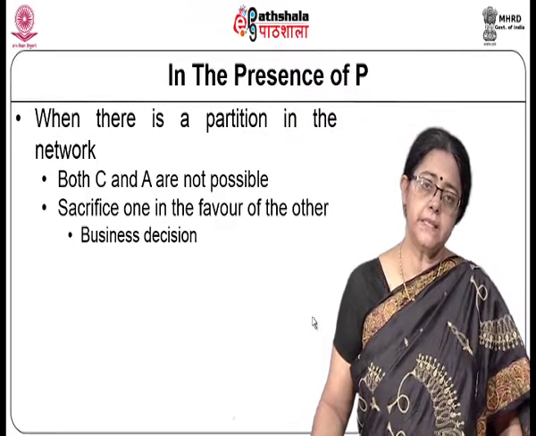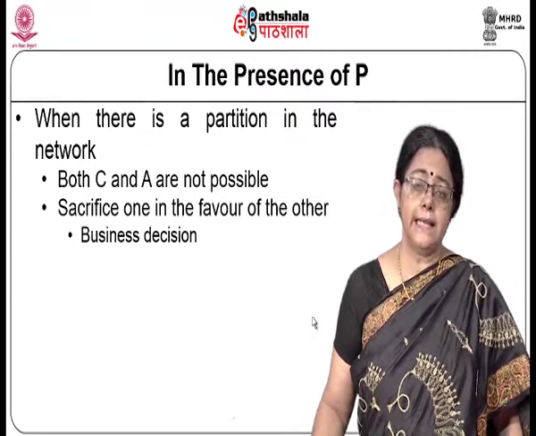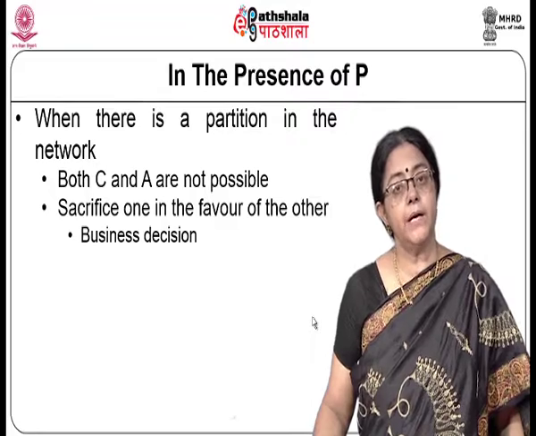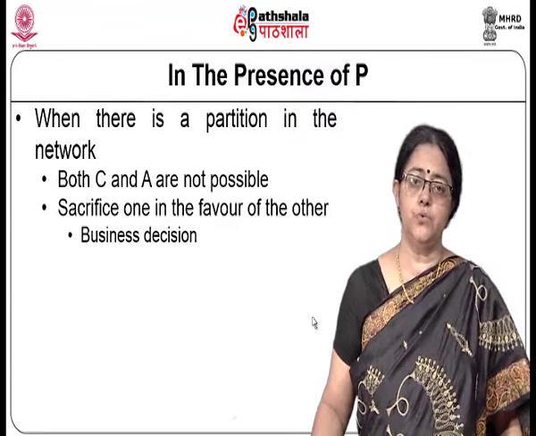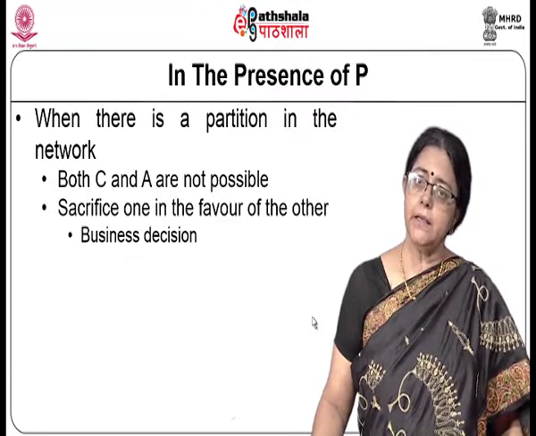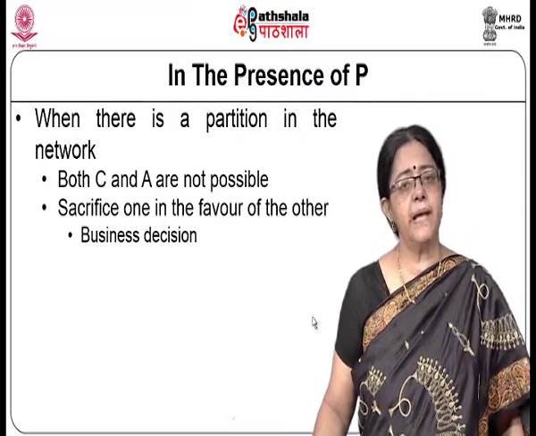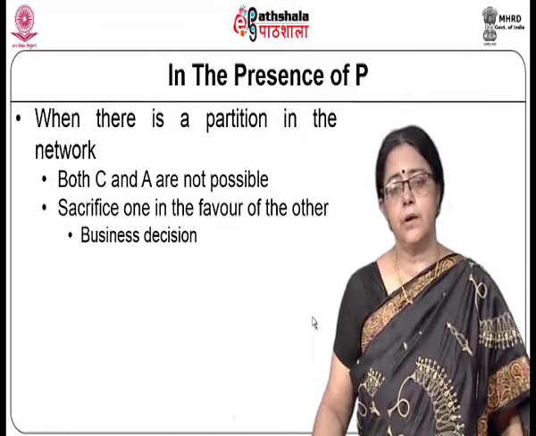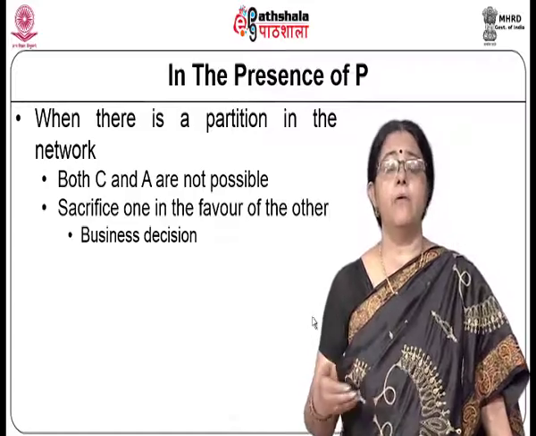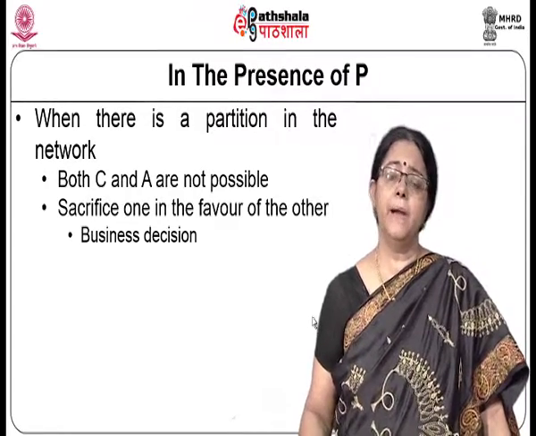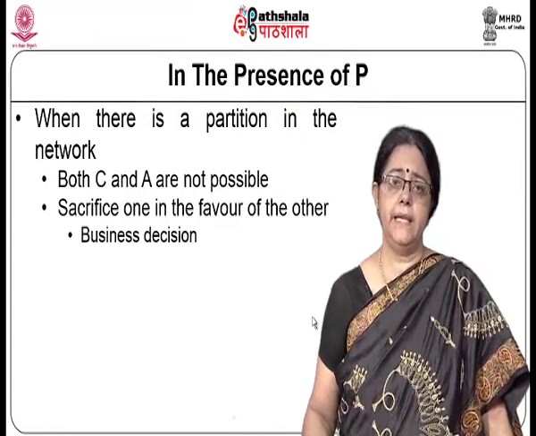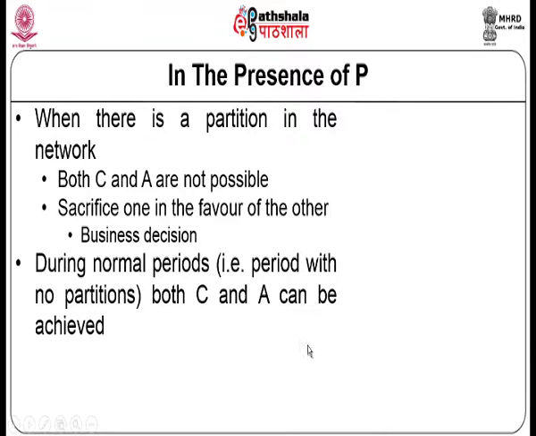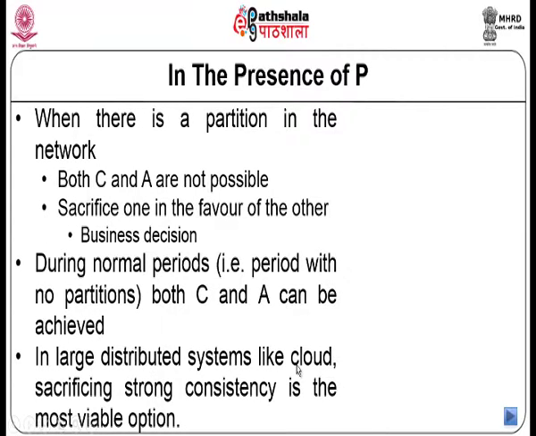If our application can tolerate less availability and requires more consistency, then we should choose a CP system. If our application cannot tolerate lack of available data, but can tolerate a little bit of inconsistency, we should choose an AP kind of environment.